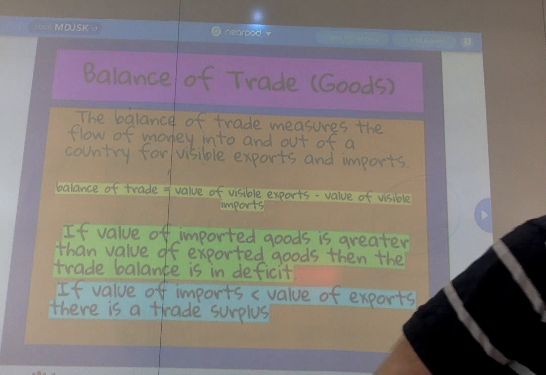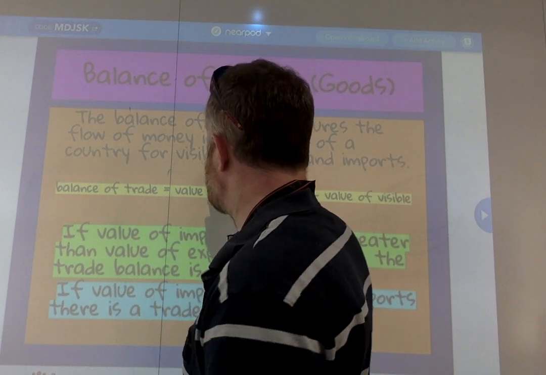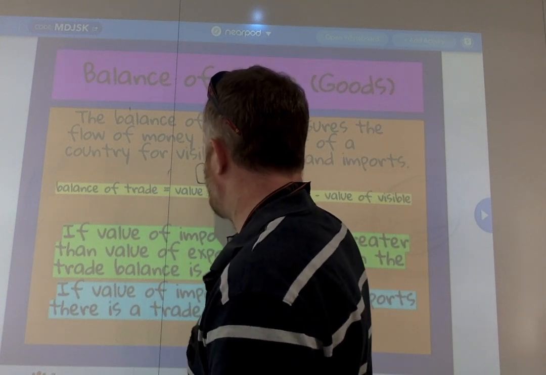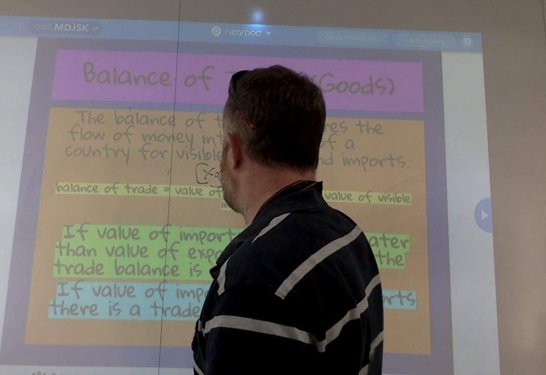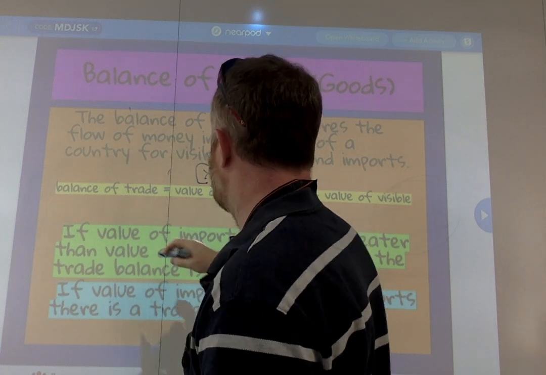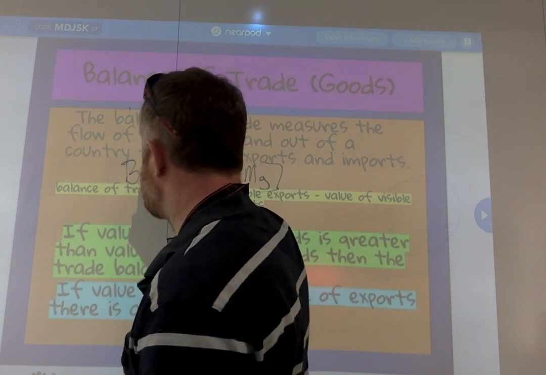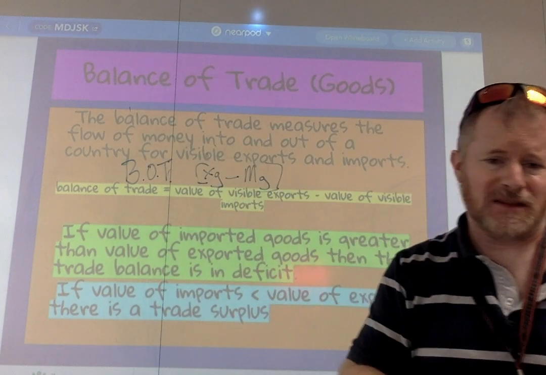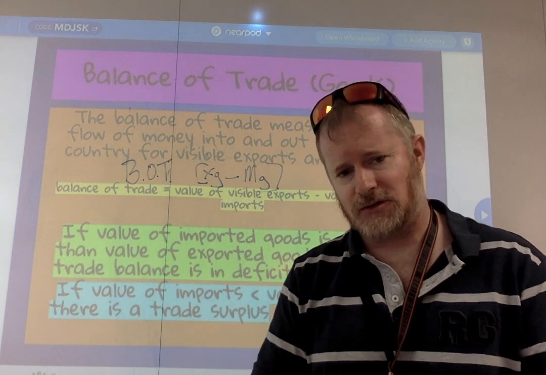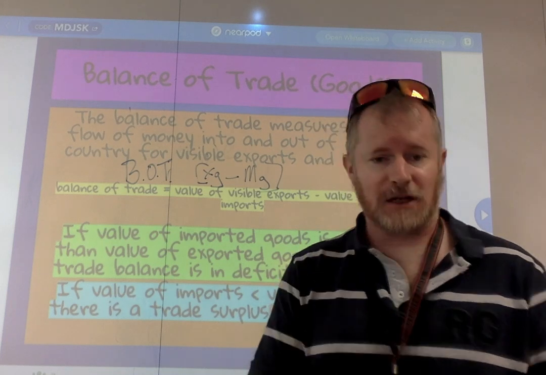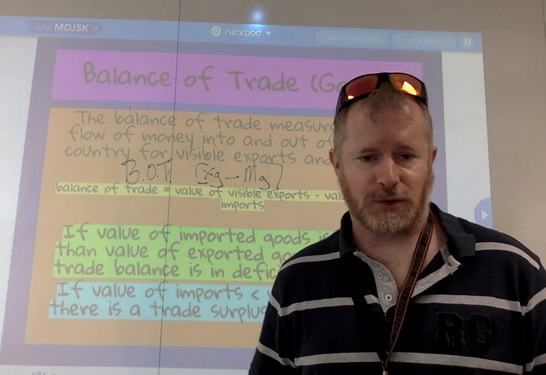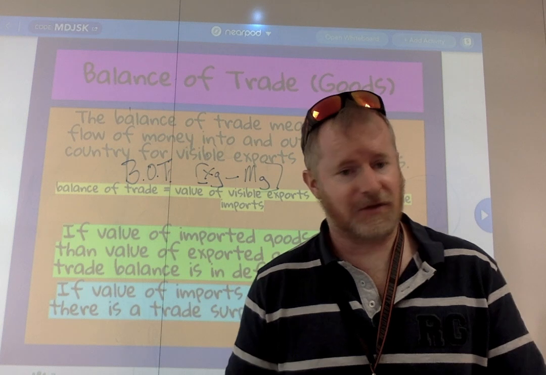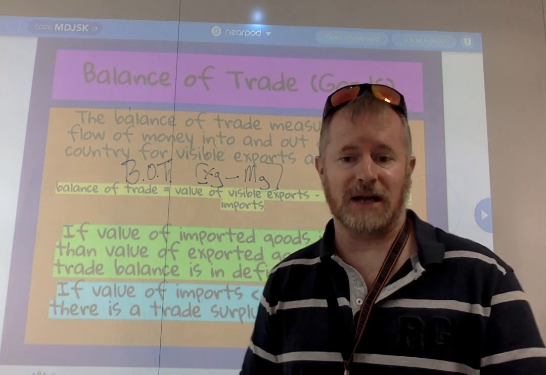So on a more mathematical equation, if you like, export of goods minus import of goods. And that will get you the balance of trade. Some people say the balance on trade. I'm not entirely sure of the exact correct English for it, but I've referred to it as the balance of trade for most of my life, so that's what I'm going to refer to it as.